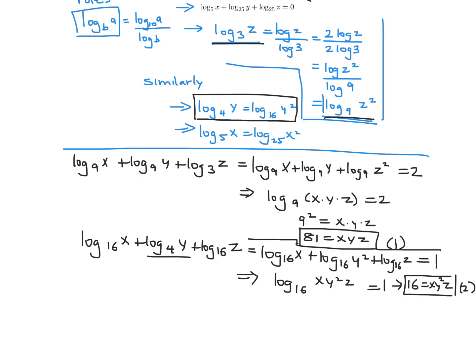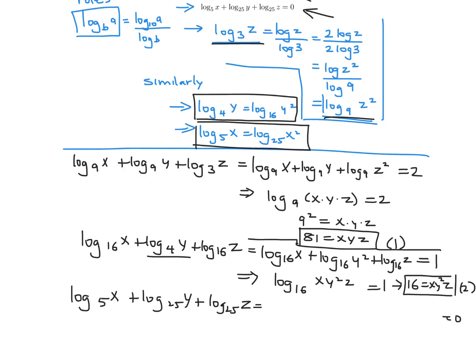And in a very similar way, we will work with that final one. That is the log of x to the base 5 plus the log of y to the base 25 plus the log of z to the base 25 is equal to 0 this time. And therefore, if I plug in that piece of information, it will be the log of x squared to the base 25 plus the log of y to the base 25 plus the log of z to the base 25.